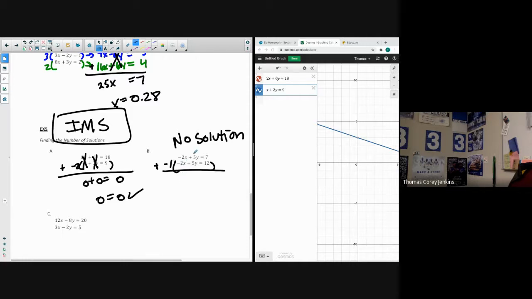I have 5y plus -5y, that's 0. And then I have 7 plus -12, that'd be -5. So you see the similarities are both variables went away. The difference is I don't get the same thing on the other side. So that checks out with a no solution, okay?